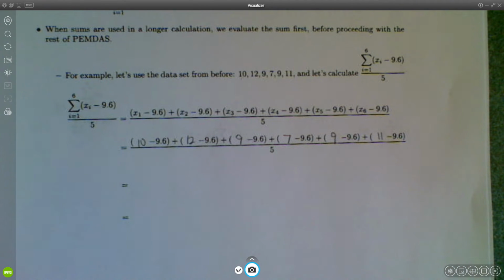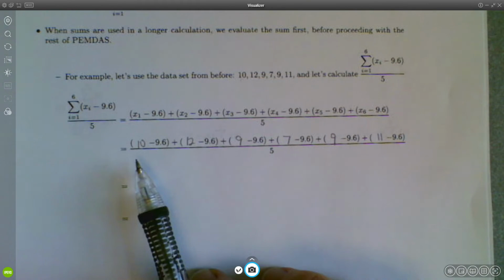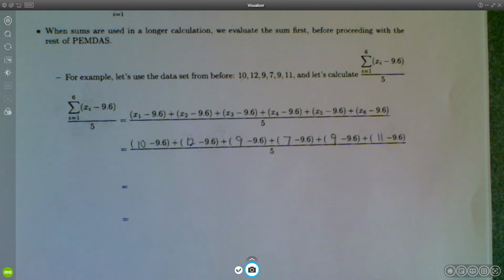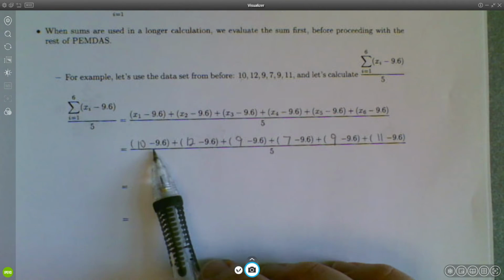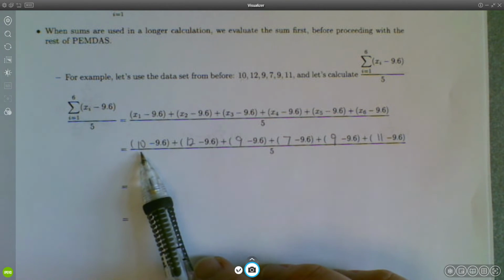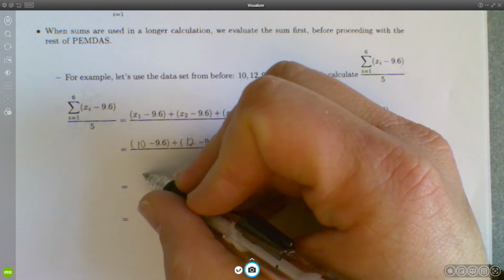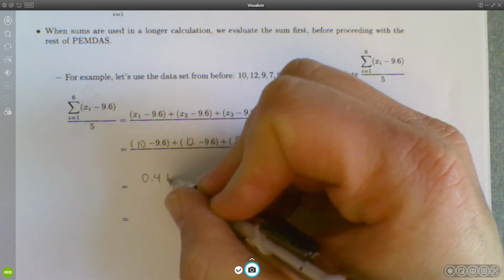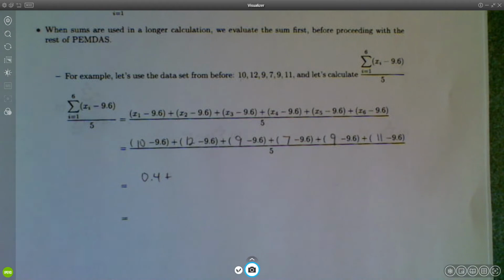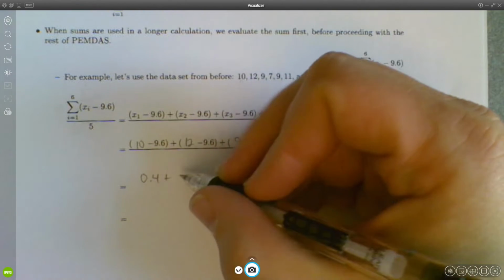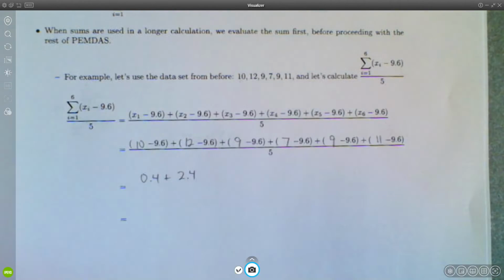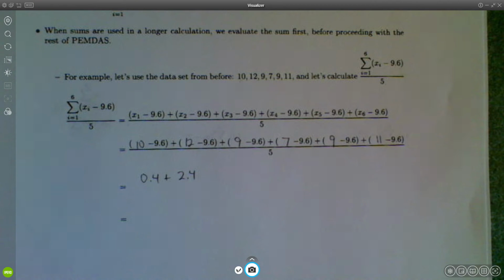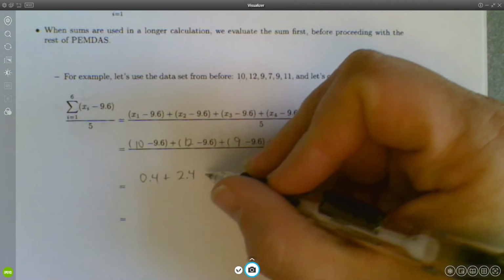Okay. Now we can take care of all of those subtractions. Feel free to use your calculator, or you could punch the whole thing into your calculator at once, I suppose. But I'm going to take care of these subtractions first. I know that 10 minus 9.6 is 0.4. 12 minus 9.6 should be 2.4. I'm going to start to use my calculator though, so I don't mess myself up. 9 minus 9.6 is negative 0.6.